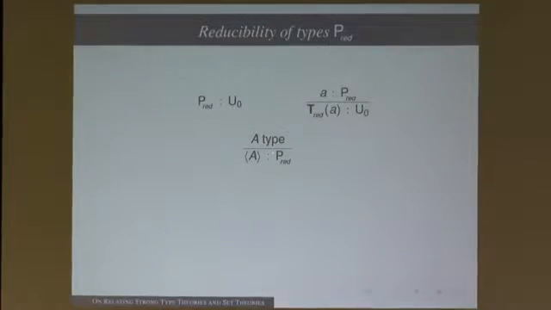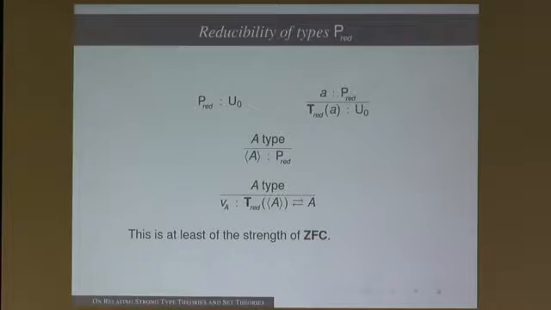If you have any type A anywhere in the universe, so this type A could live in the 27th universe, something that could live high above the first universe, then it has some counterpart in the type P red. The counterpart is just the A between these angled brackets here. And the relationship between this representation in P red and the original is that you have a pair of functions that goes both ways, yeah?